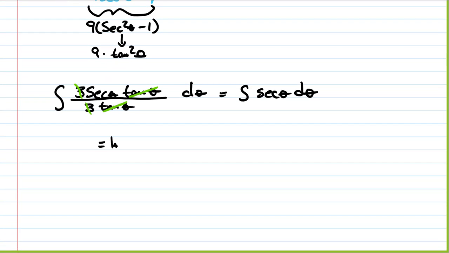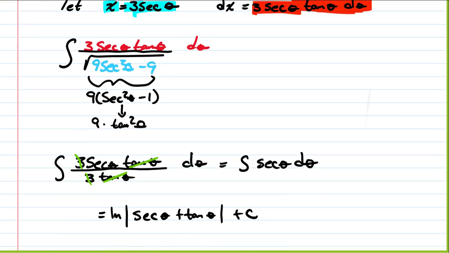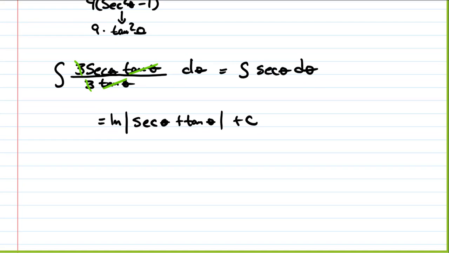So this one is the natural logarithm of the absolute value of secant theta plus tangent theta plus c. This is that crazy integral where you had to know what the answer was in order to make the right u substitution. So that gives us our antiderivative, but once again, we're in terms of theta. And we started out in terms of x, right? So we need to do our back substitution to get what we want.